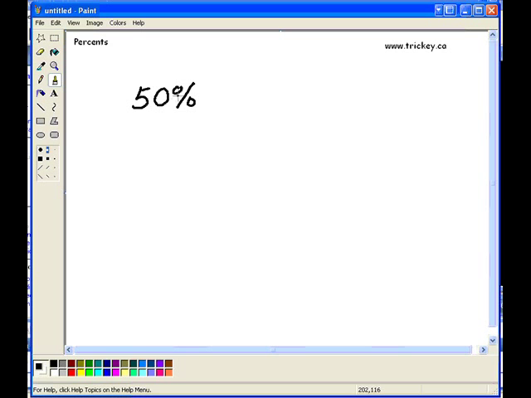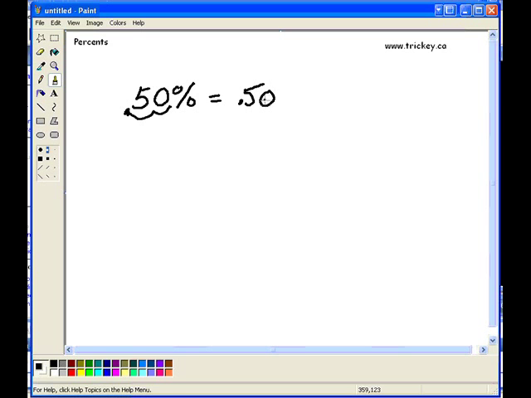The reason that works out, the reason why 50% represents a half, is because 50% can also be expressed as a decimal. In order to figure what 50% as a decimal is, take your decimal place, which would be there, and move it 2 places, 1, 2, to the left. So we end up with 0.50. Okay?